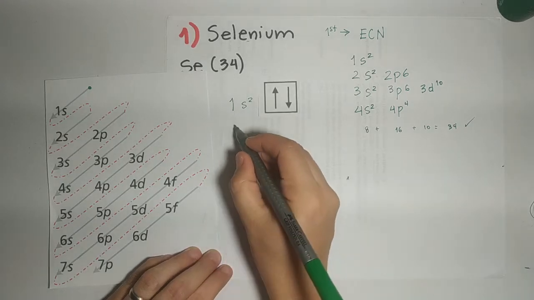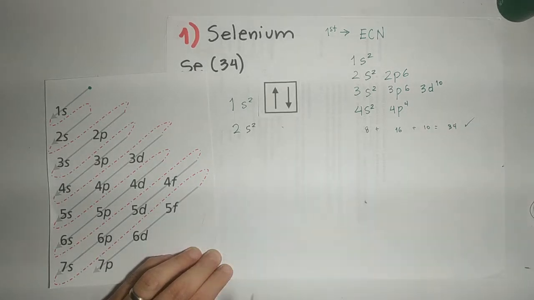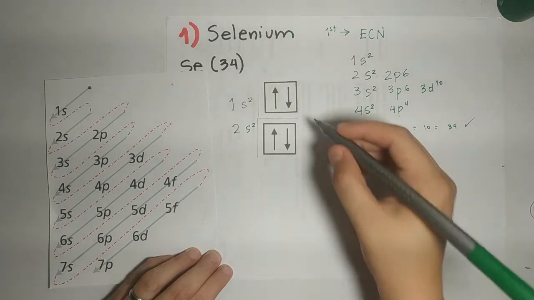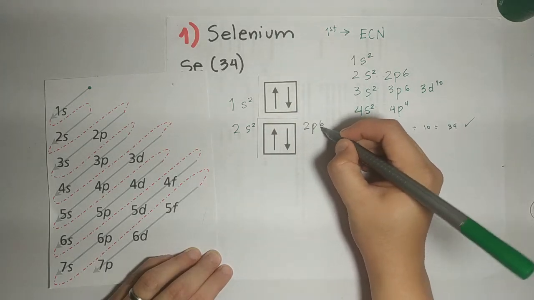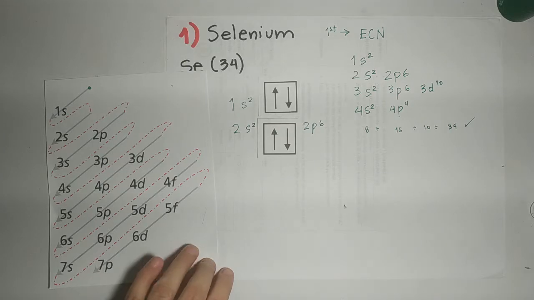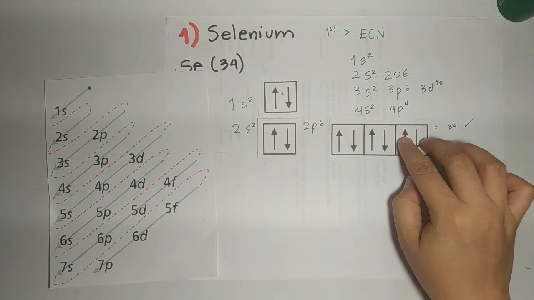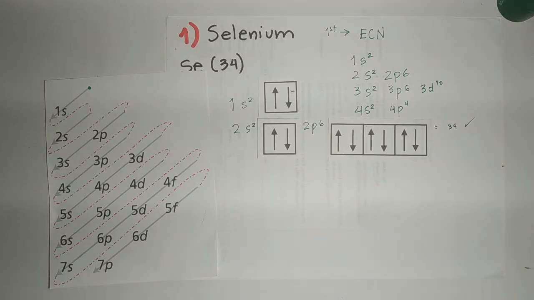In the second period I have 2s2, which is another box, but also I have 2p6. There you go.